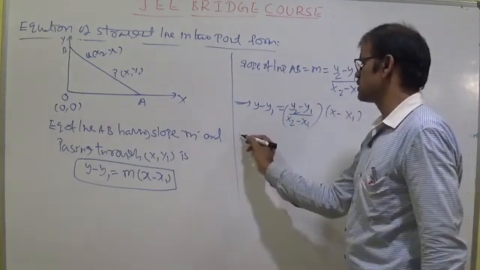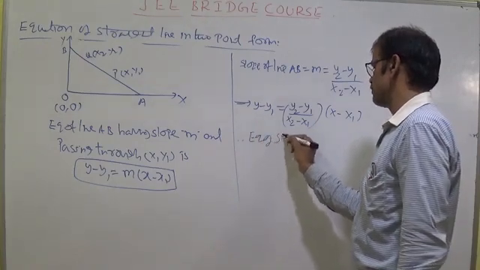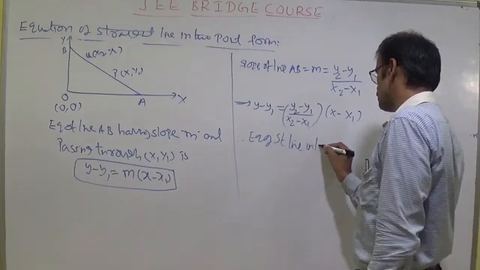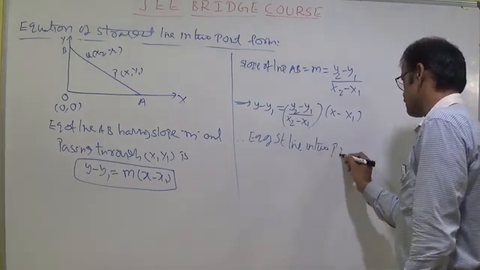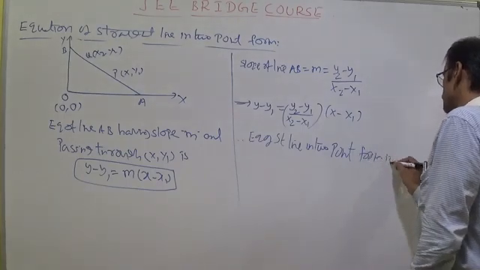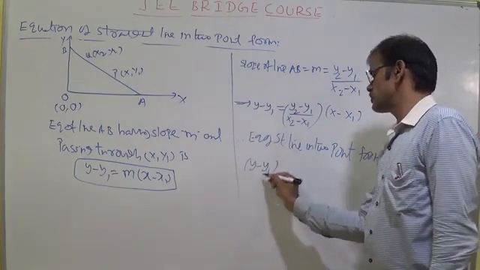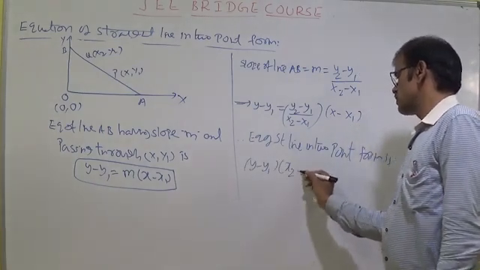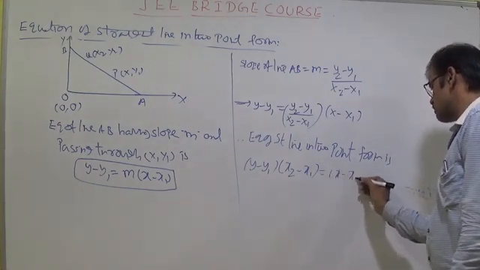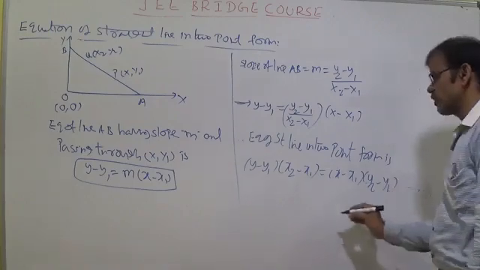Whenever 2 points are given, the equation of straight line in 2-point form is, take cross multiplication and you will get y minus y1 into x2 minus x1 is equal to x minus x1 into y2 minus y1.